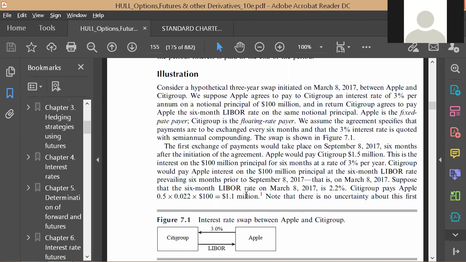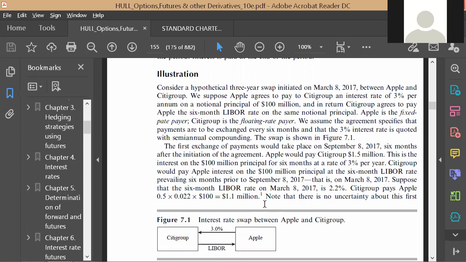The point here is that this is not going to be a gross settlement. You have to understand the settlement is not gross. The settlement is net. In this case, since the LIBOR fixing is 2.2 and Citibank's obligation is to pay 2.2, and Apple's obligation is a fixed rate obligation of 3, Apple owes money to Citigroup net.